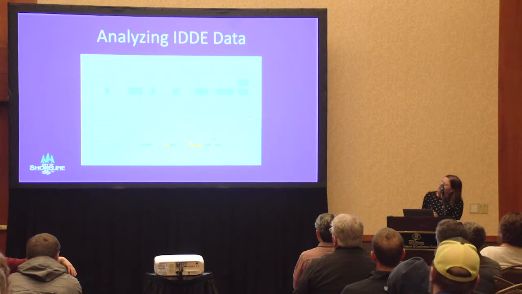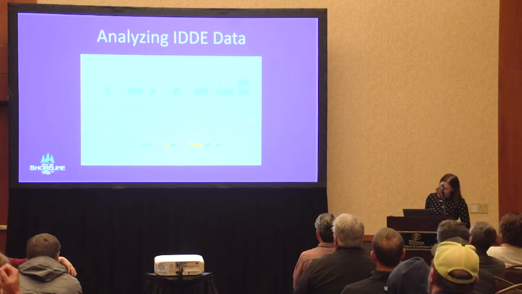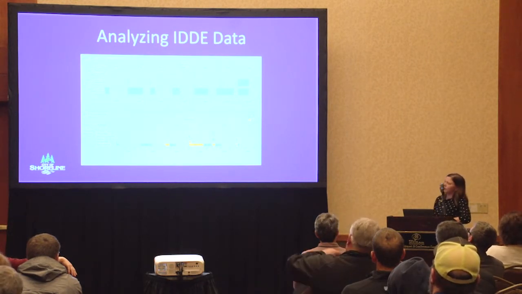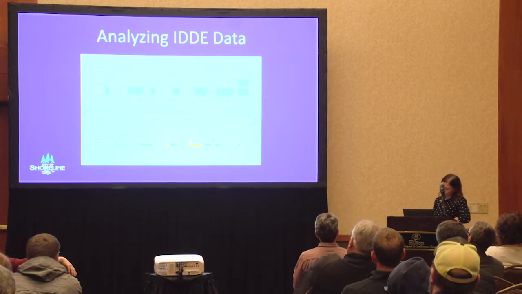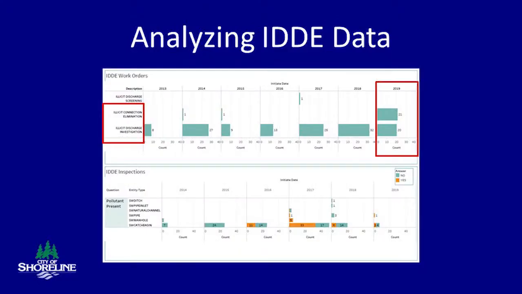So when looking at the breakdown of our illicit connection and illicit discharge work orders at the top half, the bottom half is looking at the type of assets that had pollutants present during an inspection. Over the years, we've typically just been utilizing our illicit discharge investigation work order.